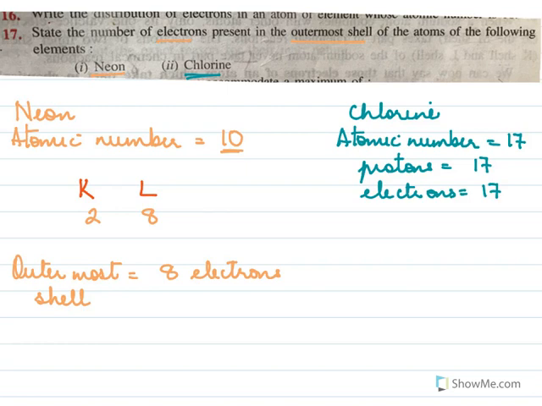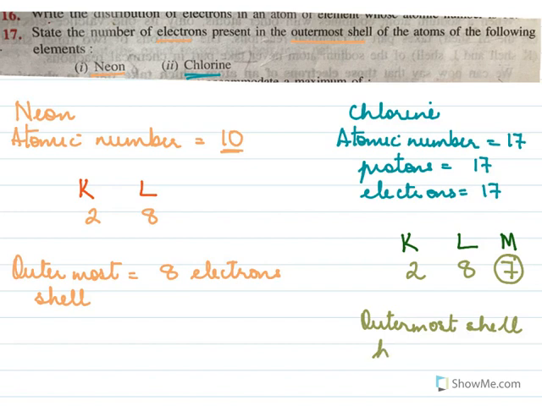So to make the electronic configuration, we have K and L. We'll have 2, 8, and we require another one also, because that is 10, we require seven more. So that will be 2, 8, and 7. When you add them up, you see 17. The outermost shell has 7 electrons.